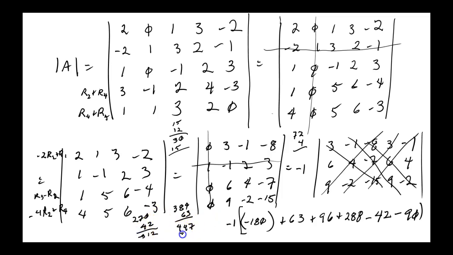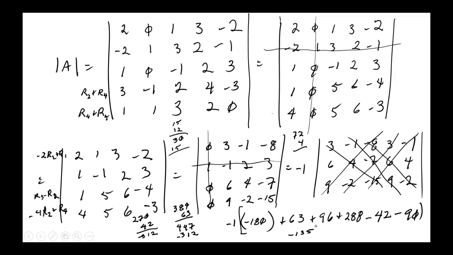So subtract 312 from 447, and that gives us 135, and negate that, you get negative 135.